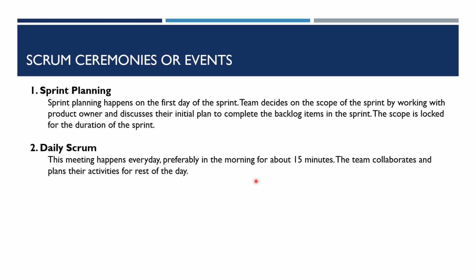They come in the meeting and talk about what they did yesterday, what their plan is for today, and who is having a roadblock. So the team collectively discusses the roadblocks faced by anyone, and they come up with a solution, and they do the planning for the rest of the day. Today's game plan is this. This is how we are going to address some of the requirements in the sprint.